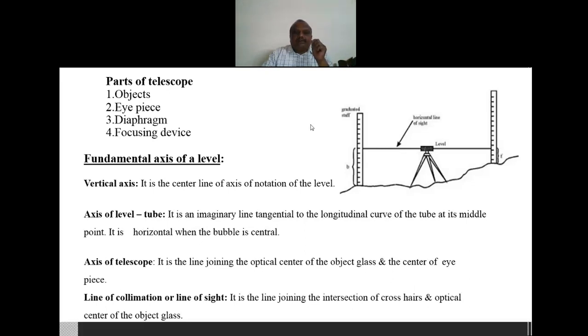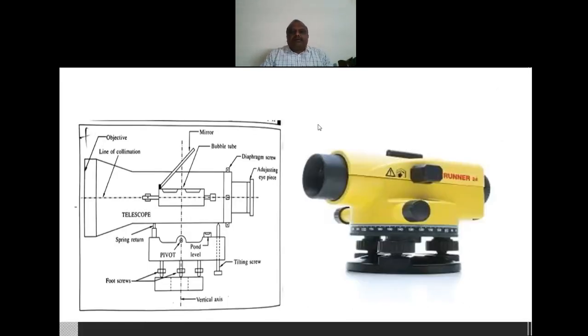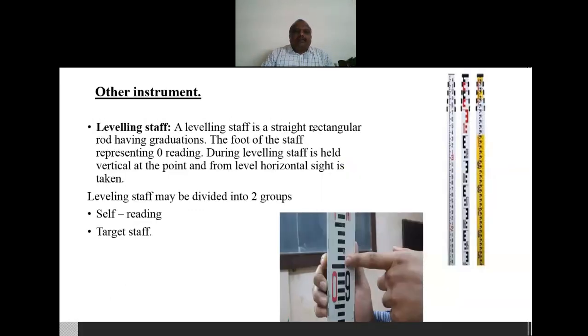It is the line joining the intersection of the crosshairs and the optical center of the object glass. A newer instrument used for leveling work is called the auto level. It has the same parts as the dumpy level. Other instruments like leveling staffs are very important in leveling or survey work.